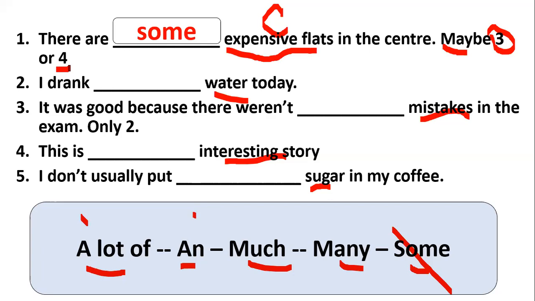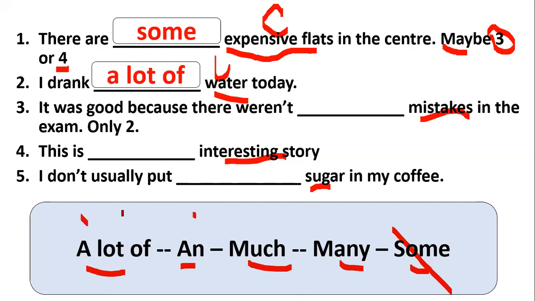I drank water today. Water, countable or uncountable? Uncountable. Okay, so water is uncountable. So from here, which one do you think you can put? Much. Okay. A lot of.